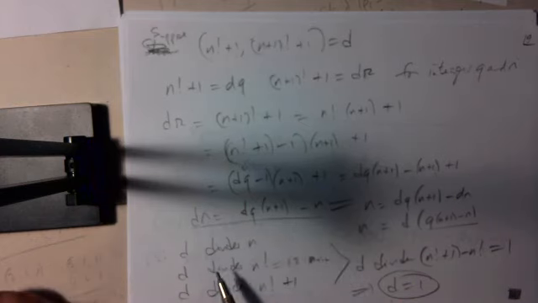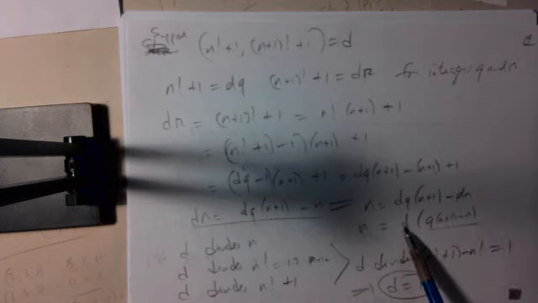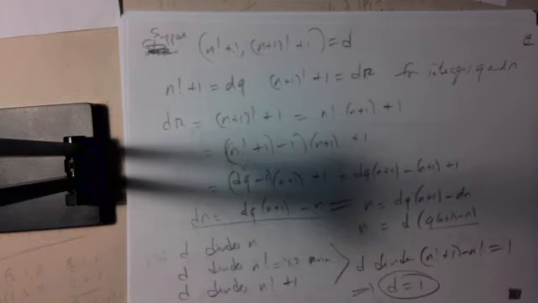I get this equation, which means n, when I rearrange it, is divisible by d. So d divides n factorial, d divides n factorial plus 1. That's impossible. This means d divides 1. And so it's impossible unless d equals 1. So d has to equal 1. And that means that my two numbers are relatively prime.